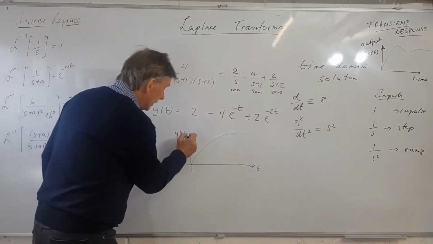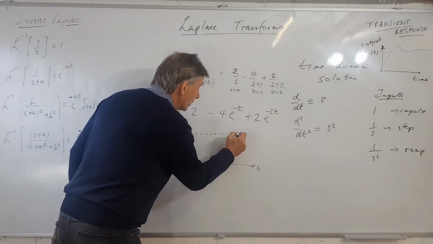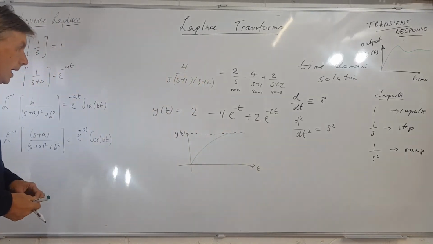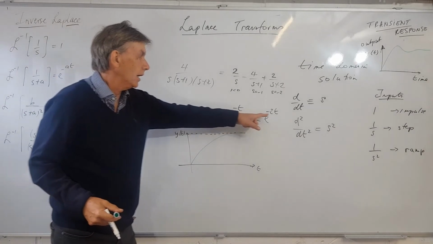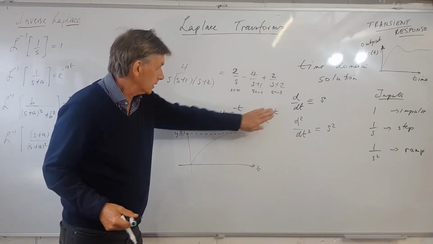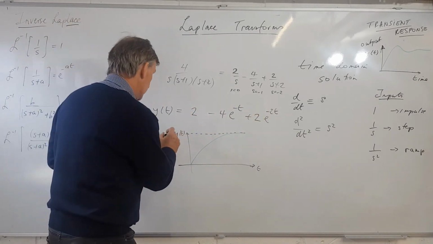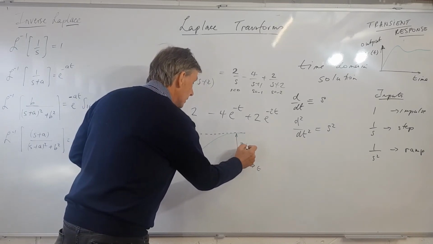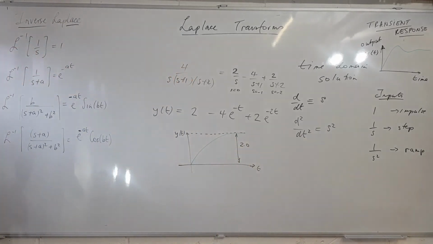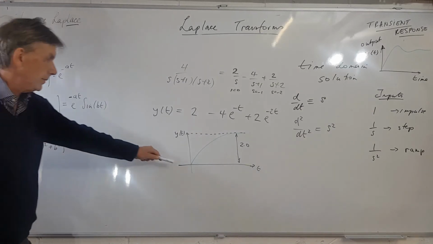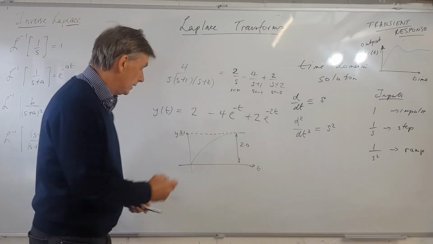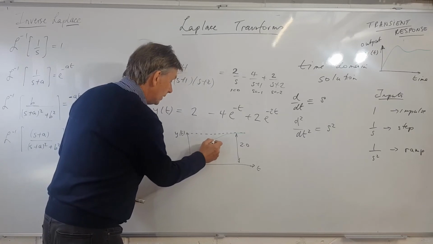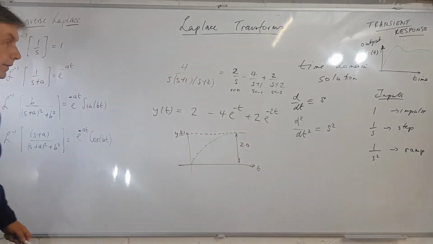This value along here, call this the steady state value, and you can get this by putting t large into here. So that disappears, so that's going to be 2, isn't it? So this distance here will be 2 units. The exact shape we'd have to get by putting different values of t in, putting some points on, and then joining the points up to get the graph.